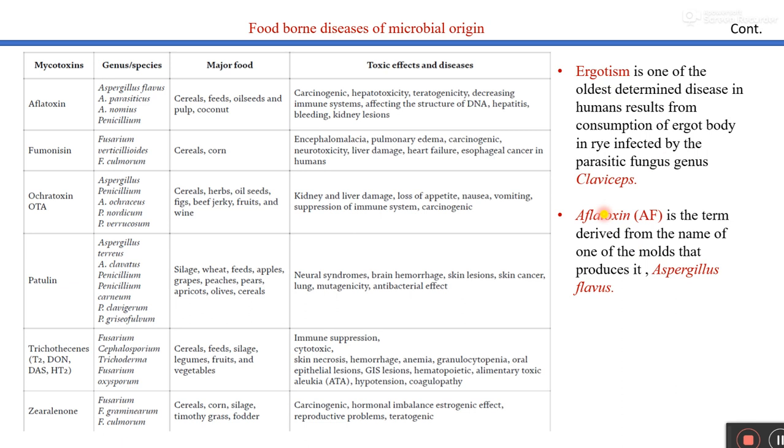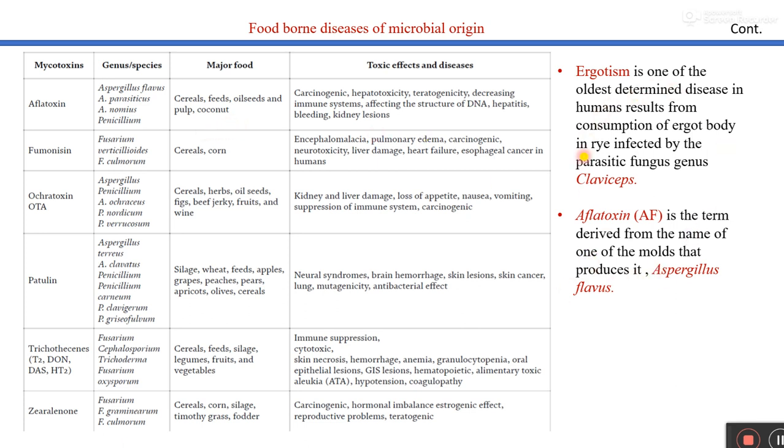Second one is aflatoxin. About aflatoxin, I have already discussed that aflatoxin is the important mycotoxin which is generally produced by Aspergillus flavus, and Aspergillus flavus generally grows in cereals, feeds, oilseeds, pulp and coconut.